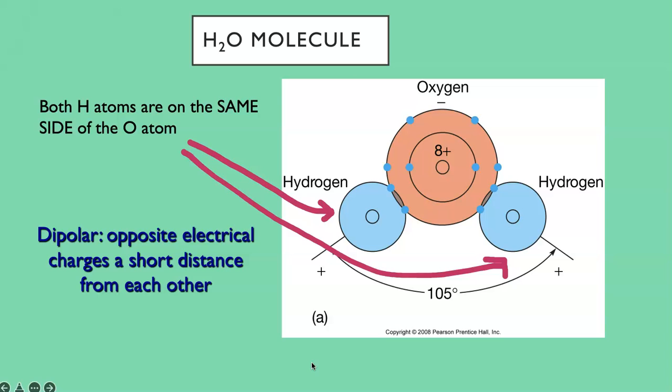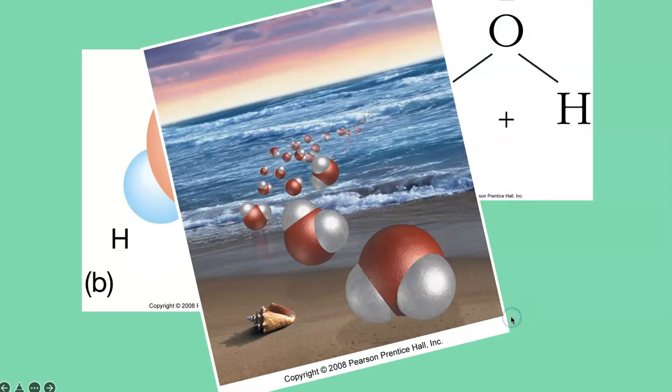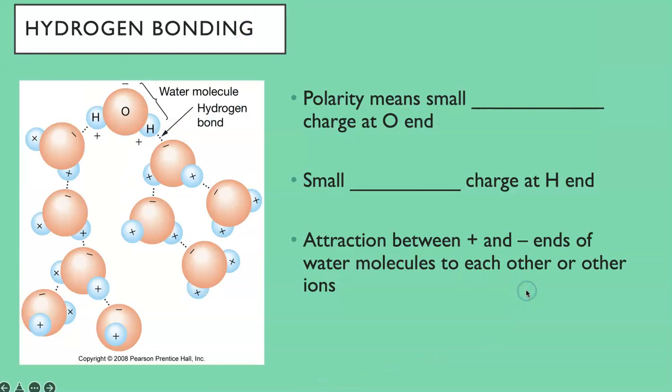So the net result is that one side of a water molecule has a small negative charge, and the hydrogen ends have a small positive charge, and this means they are dipolar. So you'll see cartoons of water molecules, and you'll often see a negative and a plus, as are shown here. And here's another type of cartoon showing how the two hydrogens are closer together.